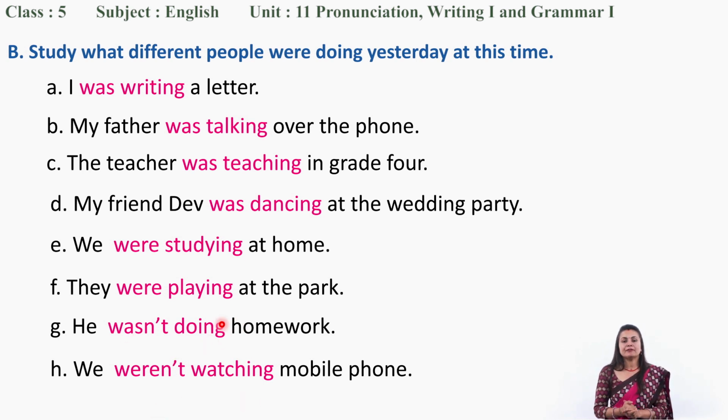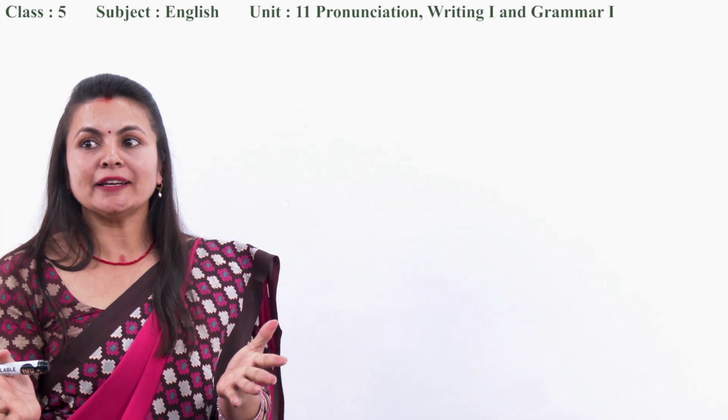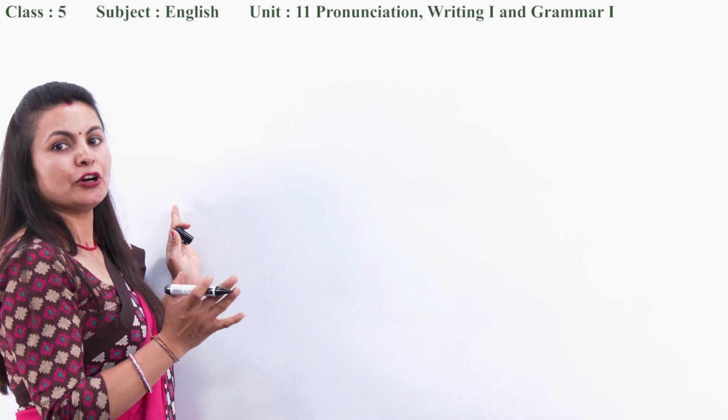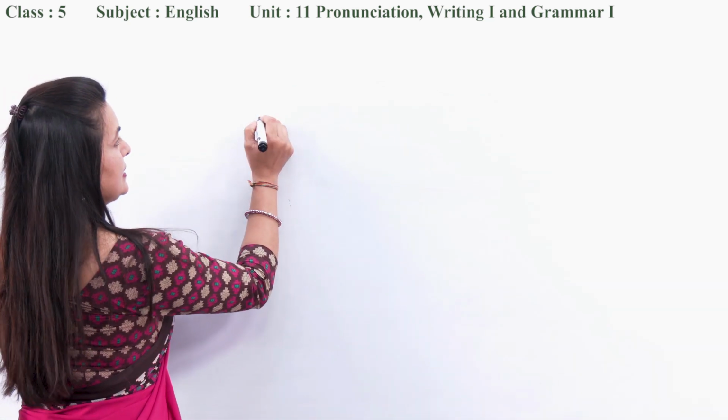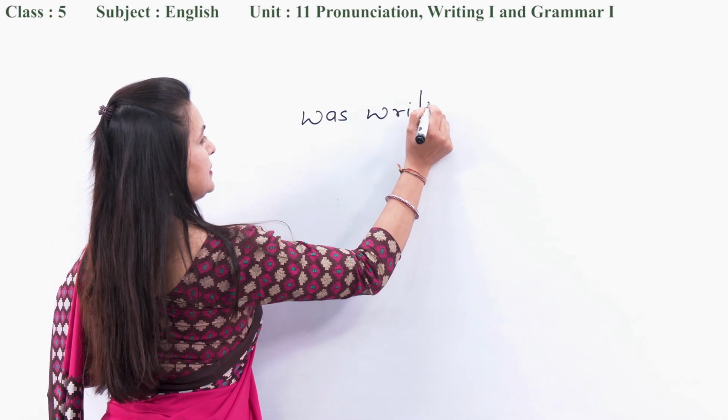But what kind of structures are these? Can you tell me what kind of structures are these? Like, I was writing a letter. So, was writing, what is given here? Was. Okay, so here we have already read those sentences. So, let's see what kind of verbs were there. That is like, was writing.